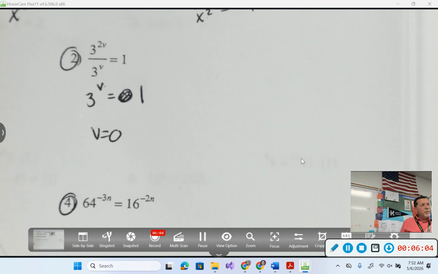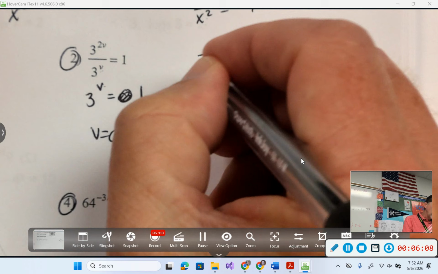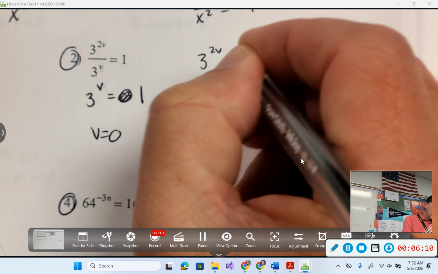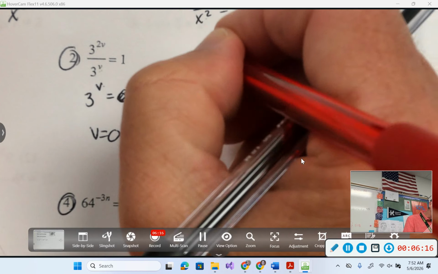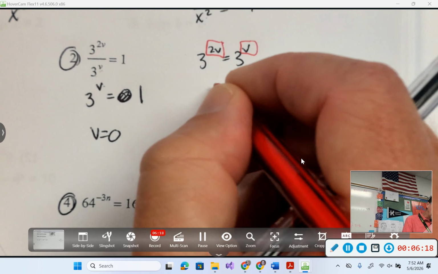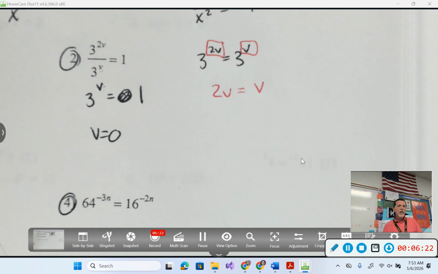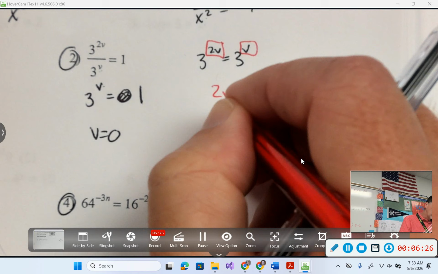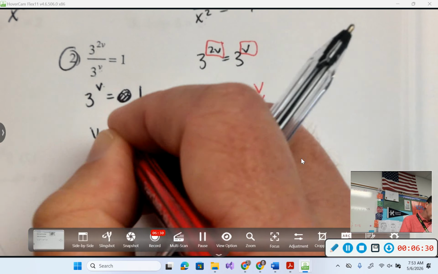The other way that people worked this problem was to multiply both sides by 3 to the v, like that, like clear the fraction, and then you sort of automatically set up for the something equals something step. 2v equals v, but then you have to be able to solve that. So if I subtract the v over, I get v equals 0, and, well, either way, v equals 0.